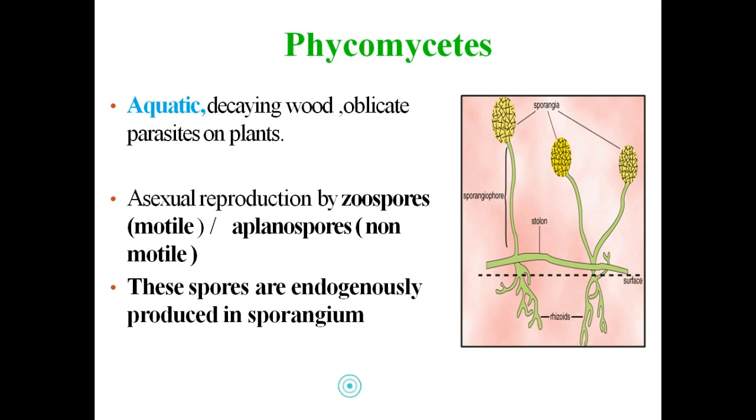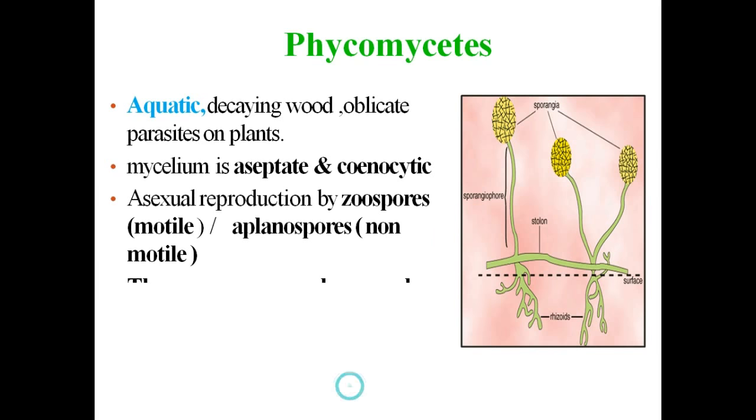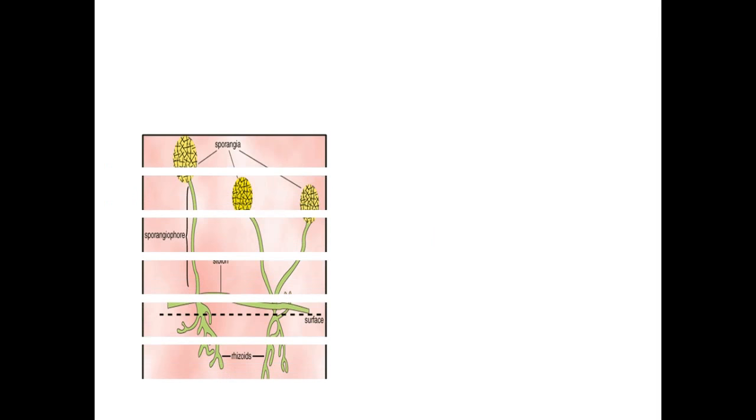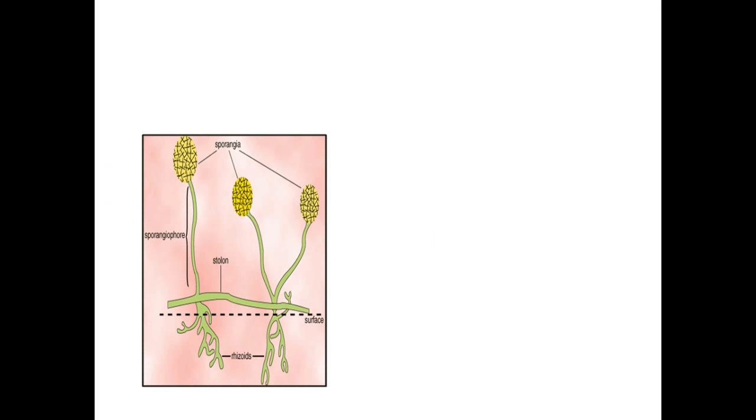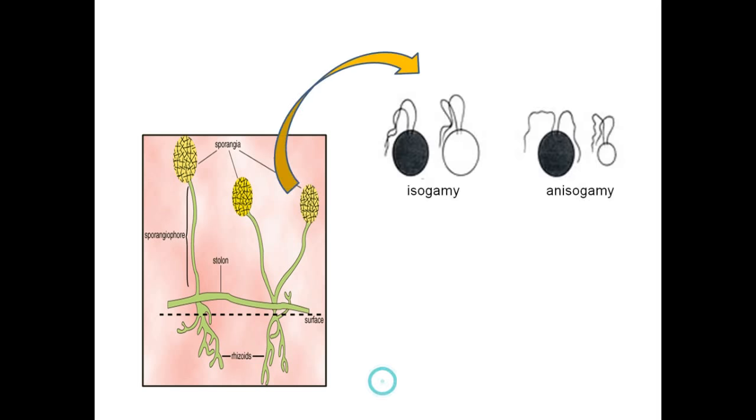A zygospore is formed by fusion of two gametes. These gametes are similar in morphology, which is called isogamy, or dissimilar, which is called anisogamous or oogamous. Note down, if it is similar, that is isogamy.